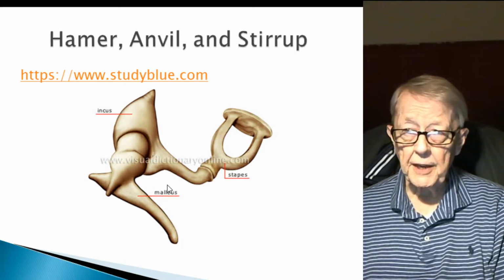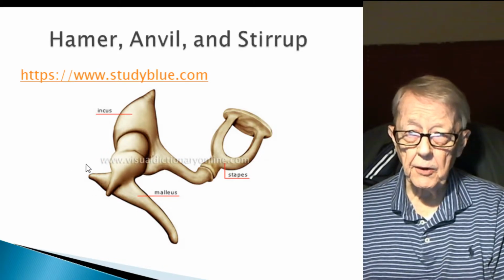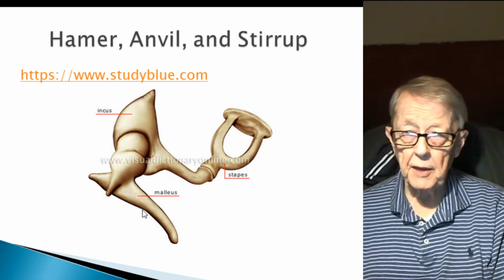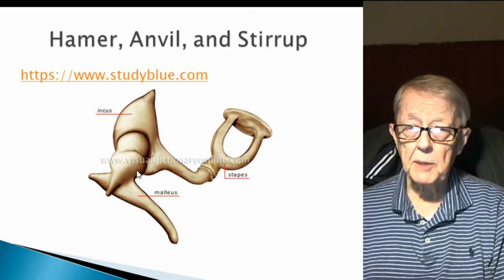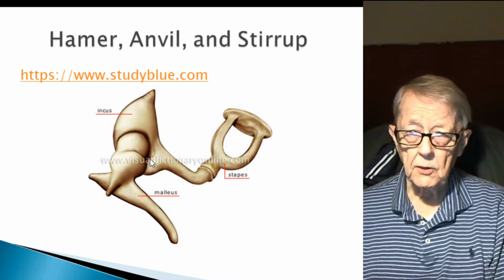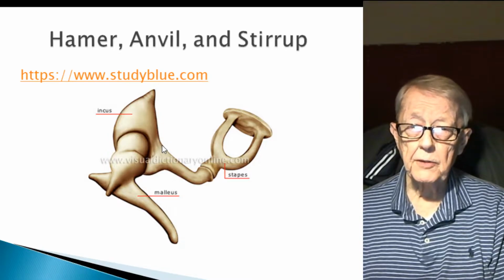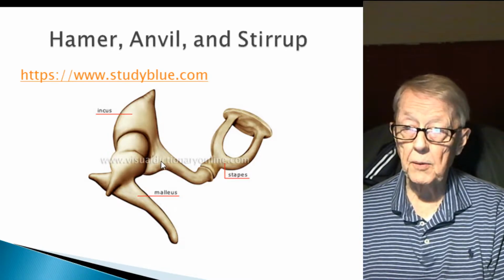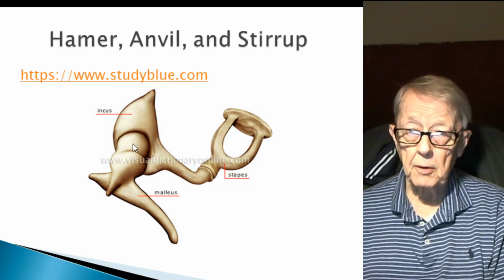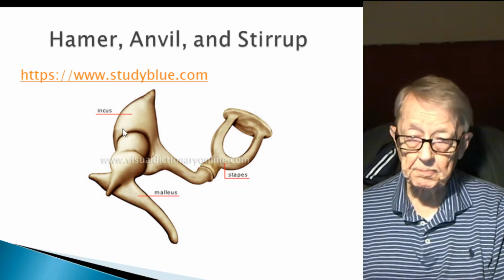But I don't think, when you look at how the eardrum is attached to here and the eardrum moves this way and that way, that the concept of a hammer hitting an anvil works. So I searched around and I found this drawing. Whether it's right or wrong, it looks more like a ball and socket. A ball here, socket there.